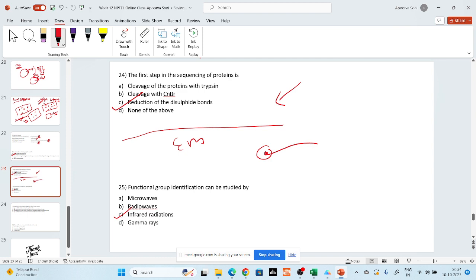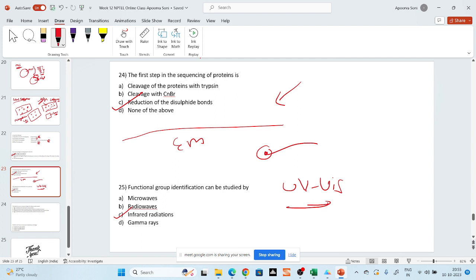When I'm talking about UV visible spectroscopy, it has that much energy that will take the electron from a lower energy level to a higher energy level, but it does not have that much energy that it can knock out the electron from the atom. X-rays have that much energy. It is very powerful. So the kind of energy that a particular wavelength supplies can be used for that particular kind of study.